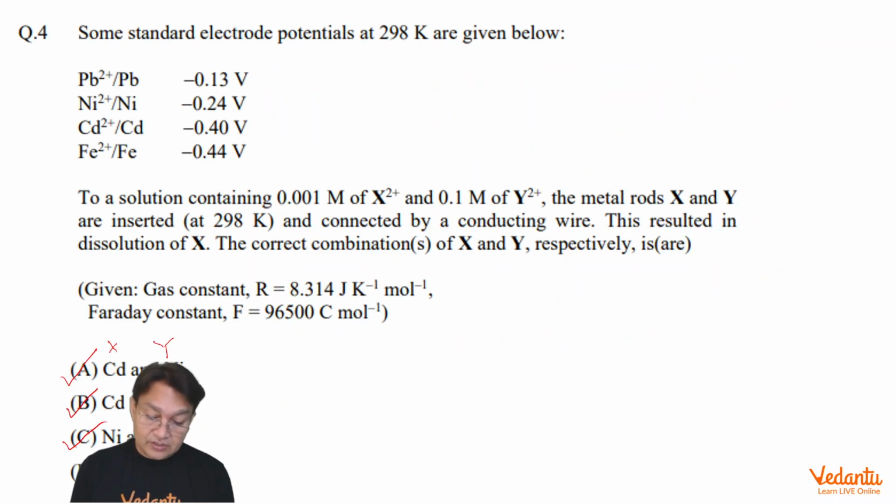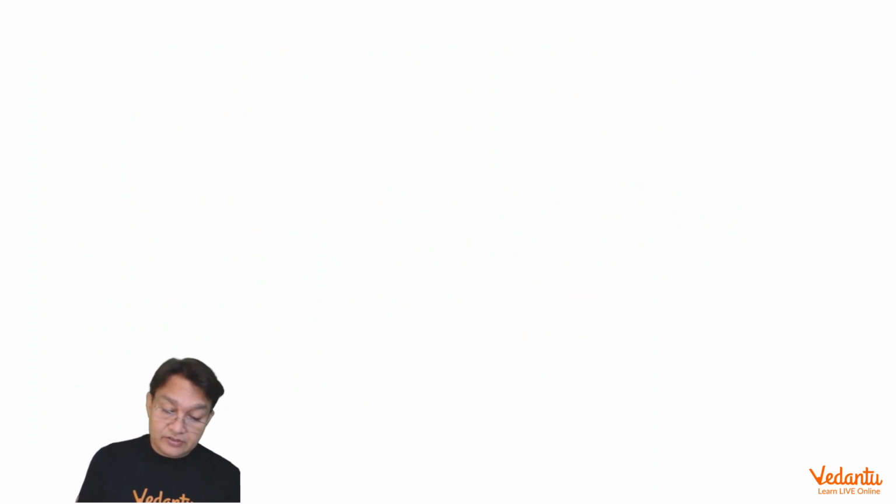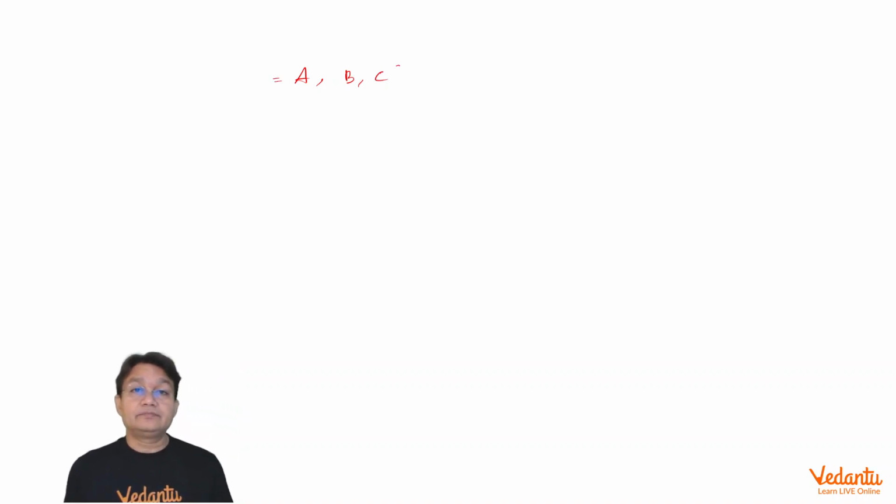So this reaction is not feasible. So option D is incorrect. The correct options, in which dissolution of metal will take place, are A, B, and C. So that is the answer.